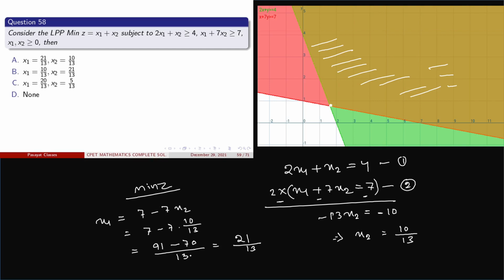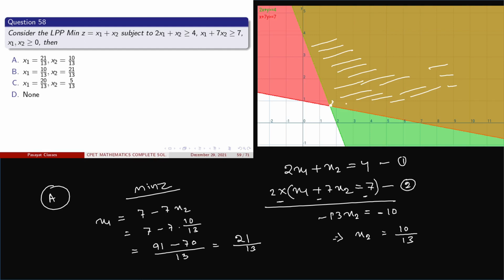So x1 is equal to 21 by 13 and x2 is equal to 10 by 13. So here option A is correct. At the point x1 equal to 21 by 13 and x2 equal to 10 by 13, we get the minimum value, because on plotting this feasible region, this point gives the minimum value.